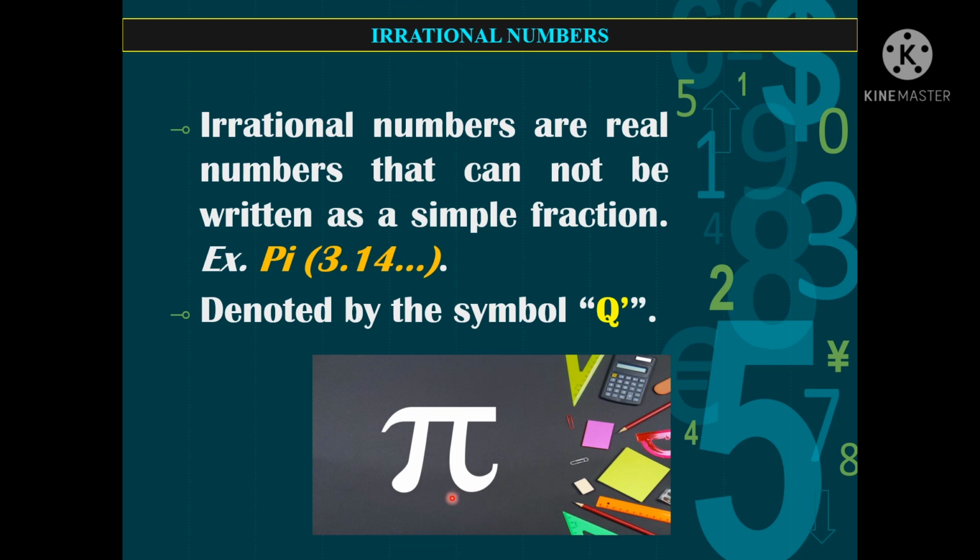The difference between rational and irrational numbers is that, for example, the pi symbol, we can write it as a decimal, approximately 3.14, but we cannot write it as a simple fraction. That is the difference between rational and irrational numbers. Irrational numbers are denoted by the symbol capital Q prime.